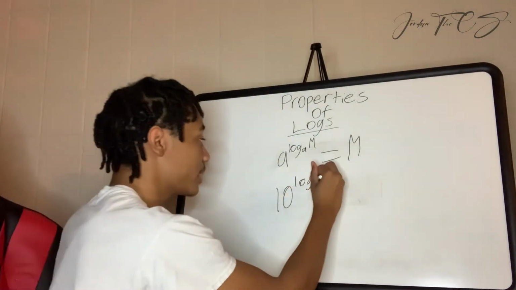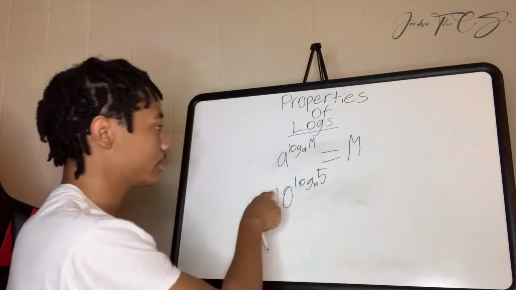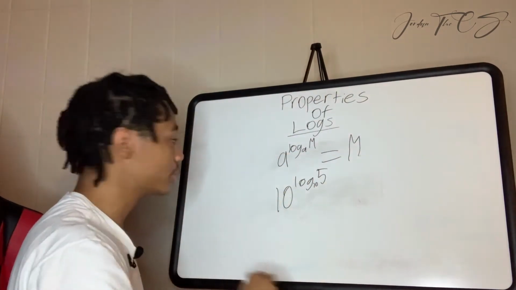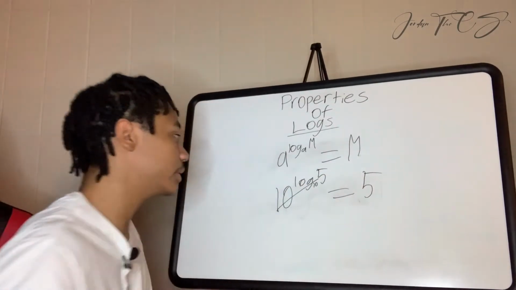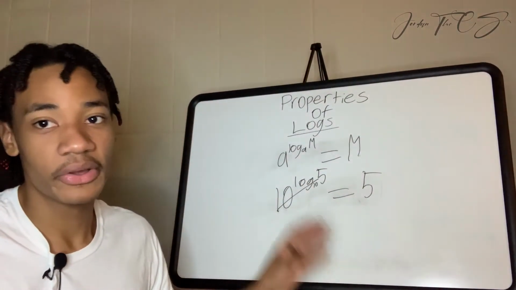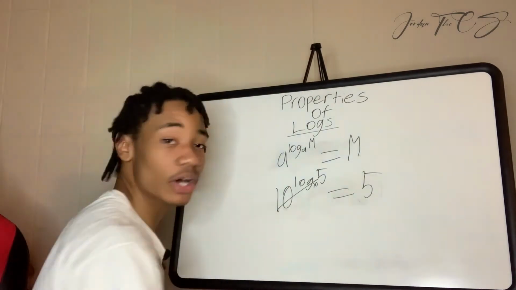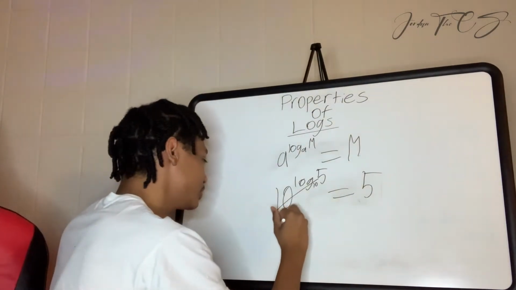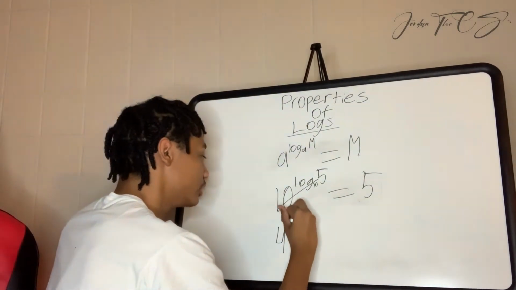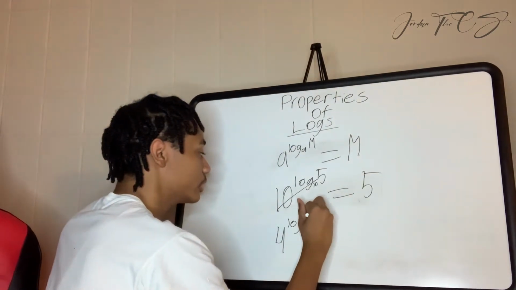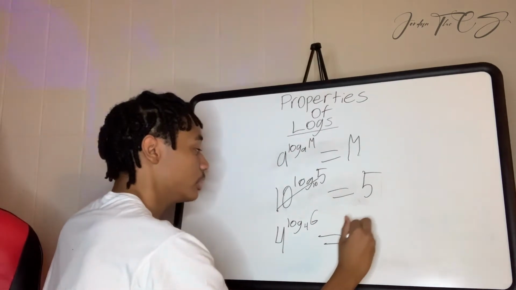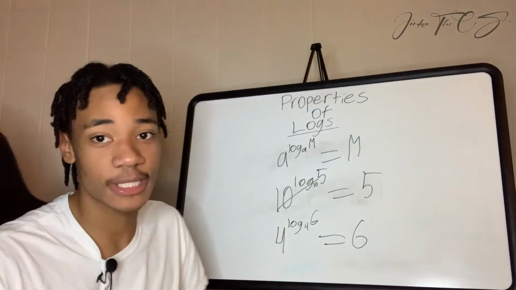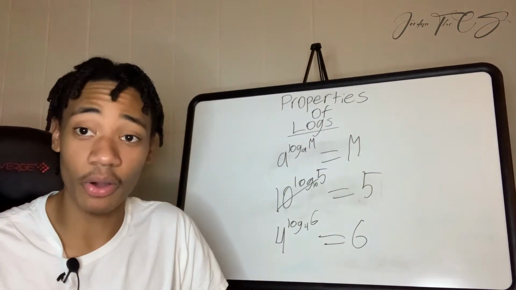So this is log base 10, and the 10 and the 10 cancel, and that is going to equal 5, no matter what. It's always going to equal m. So 4 to the power of log base 4 of 6 equals 6. That will always happen.